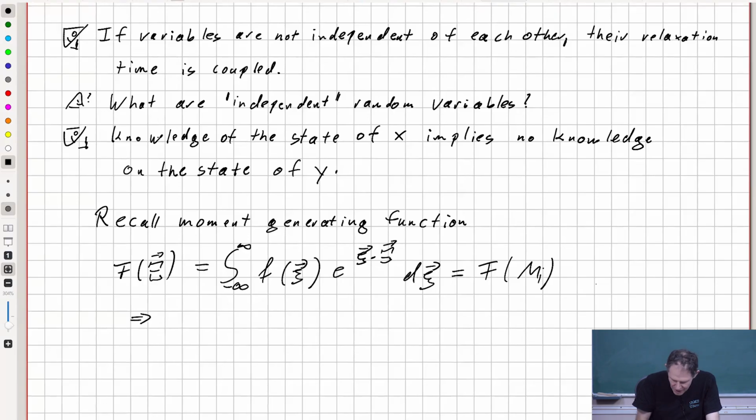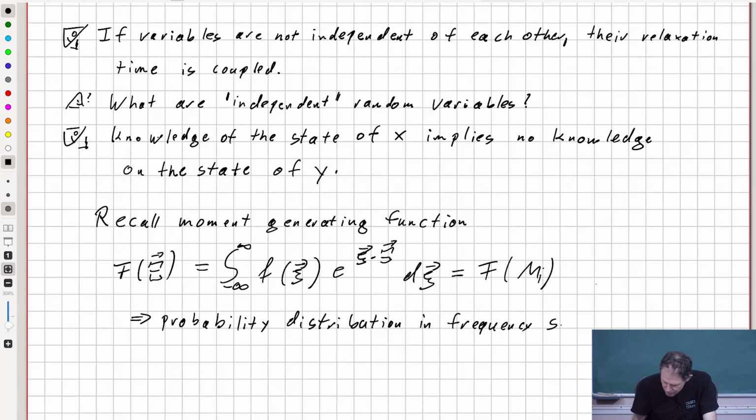So this is actually our probability distribution in this frequency space. Frequency means the velocity frequency, capital Xi instead of the small xi.